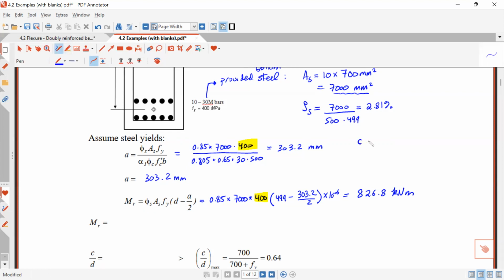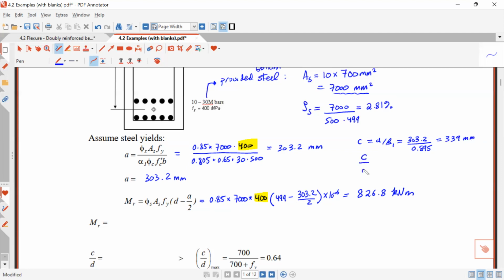So c is just a over beta 1. That's 303.2 over beta 1, which is 0.895. It gives me 339 millimeter.